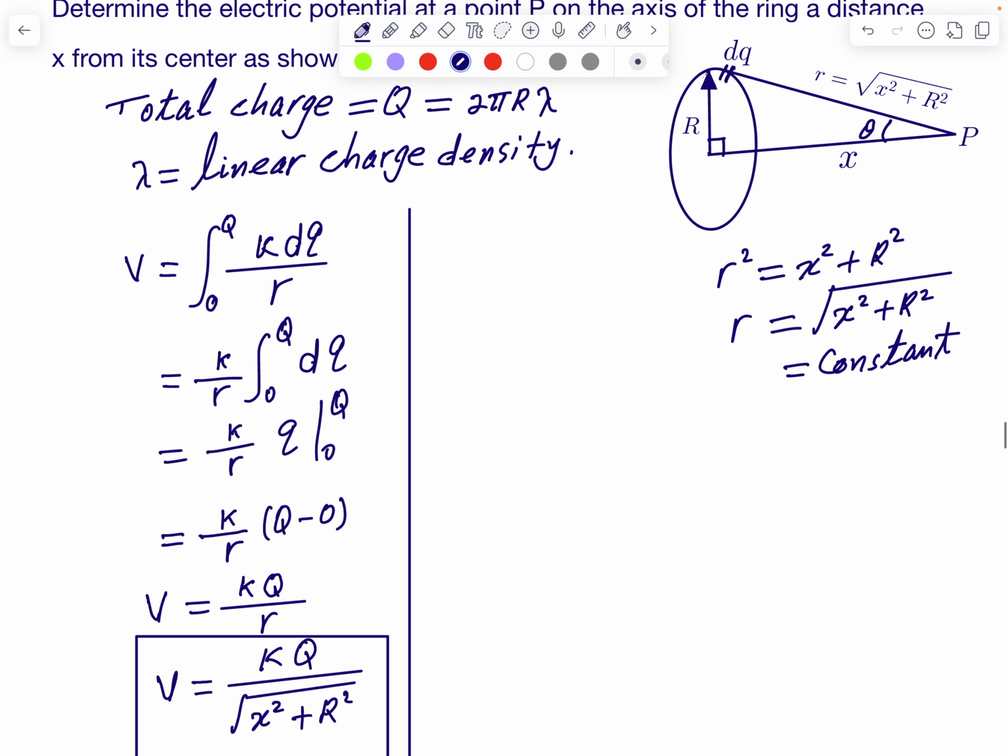In this case, we're going to say that Q is lambda L, the total charge, of course. So what is L in this case?